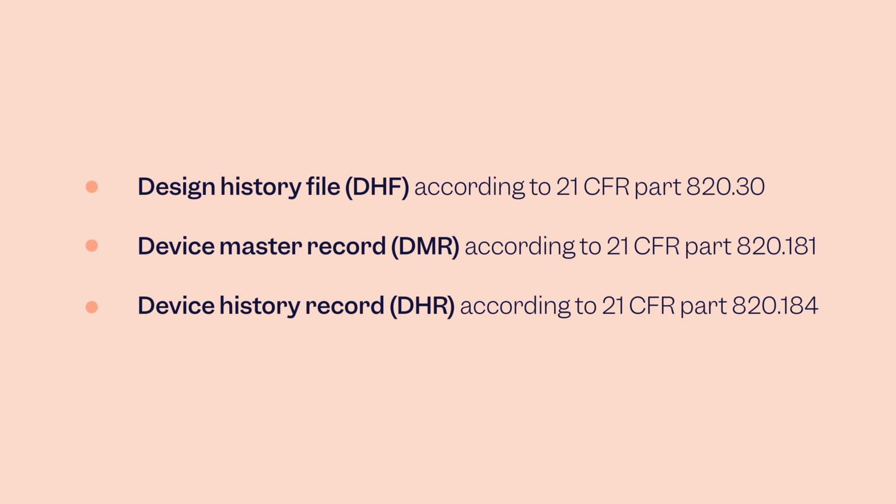Design History File, DHF, according to 21 CFR Part 820.30. Device Master Record, DMR, according to 21 CFR Part 820.181. Device History Record, DHR, according to 21 CFR Part 820.184.